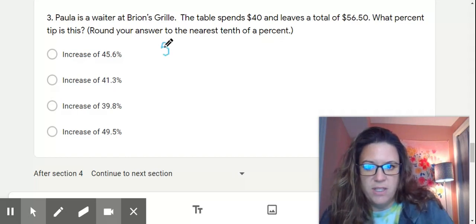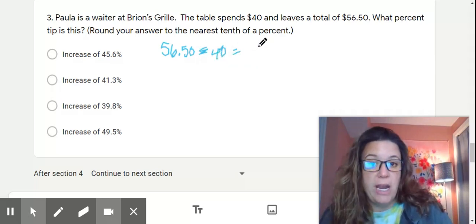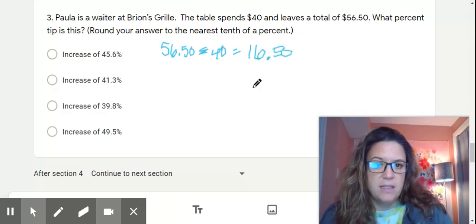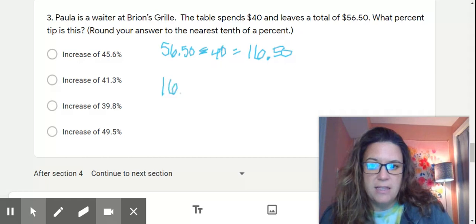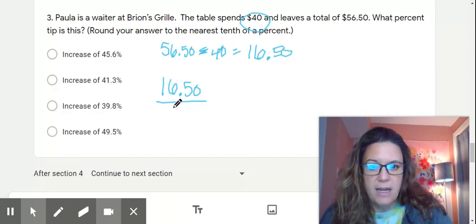So we got to do the $56.50 minus the $40 to find how much changed. And it looks like they left $16.50. So now I'm going to divide that $16.50 by the original amount, which is how much they spent before they added the tip.